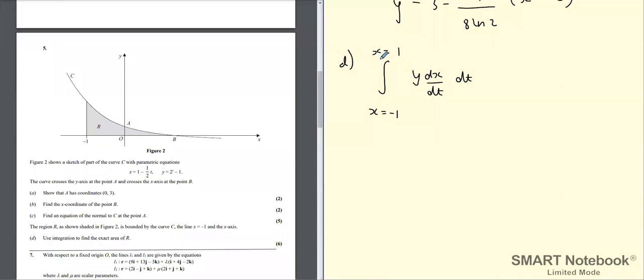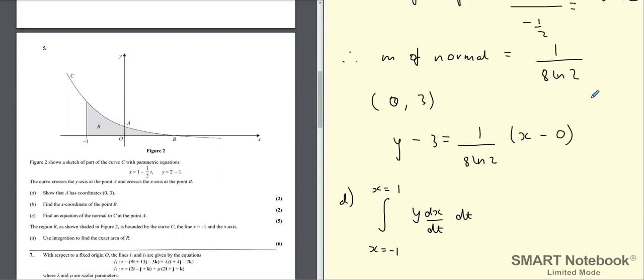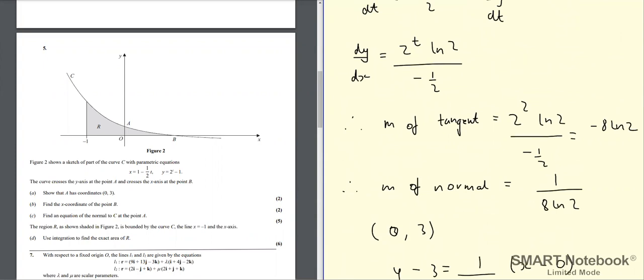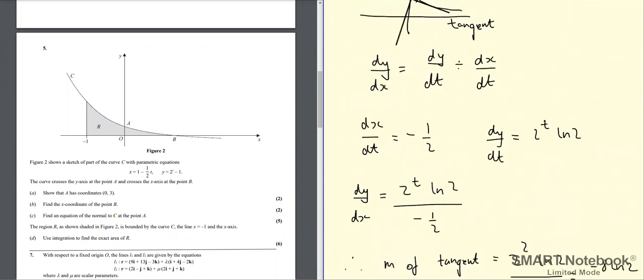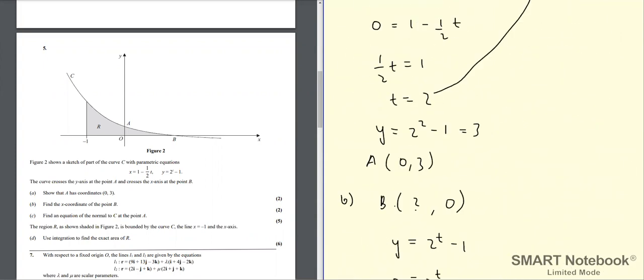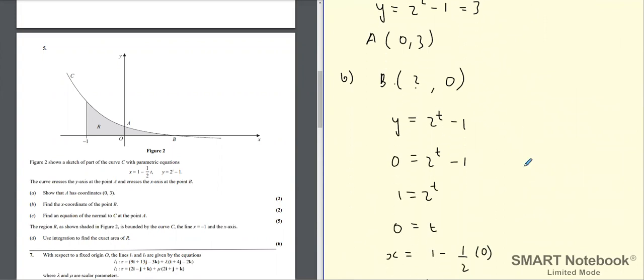Right, so we were trying to work out t values. We know the t value at x equals 1 because we worked it out earlier. Let me just scroll up to that and find it. So t was 0, that's right.